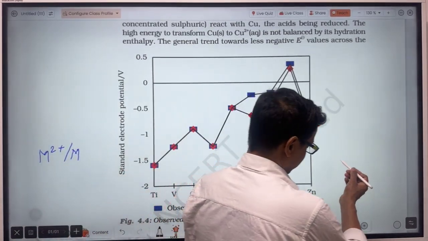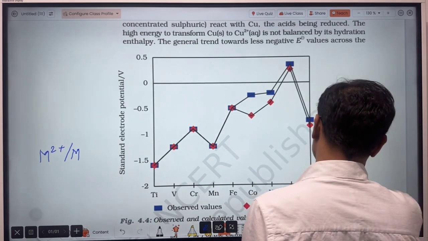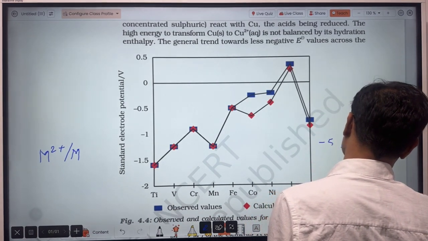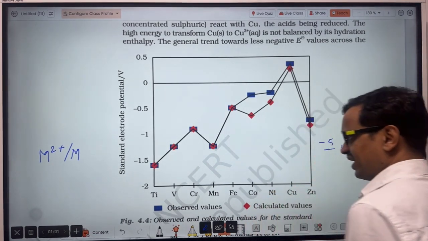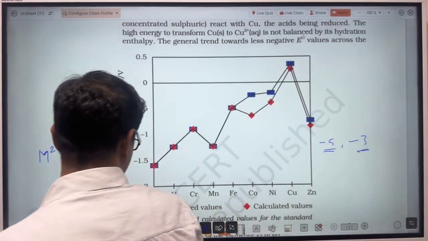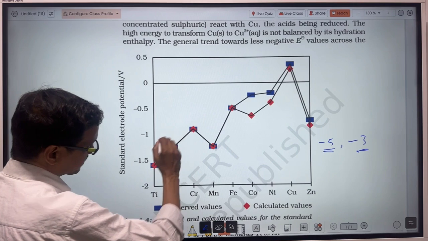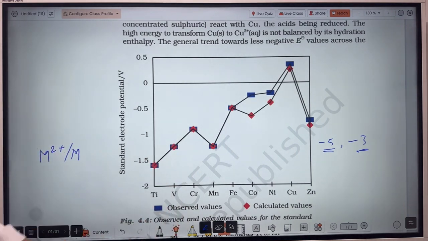The only difference is in the literature, like between -5 and -3: -5 is more negative than -3, but the value of -3 is greater than that of -5. So as you move across the period, the standard electrode potential becomes less negative.